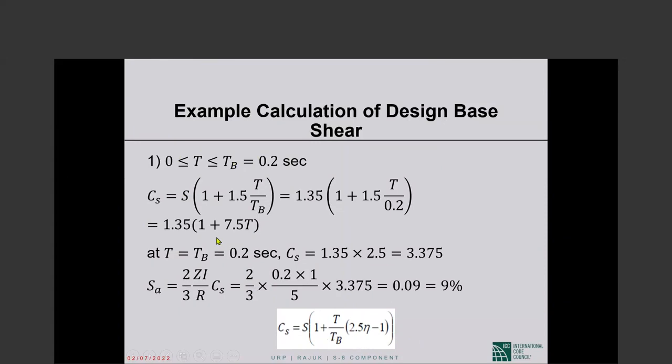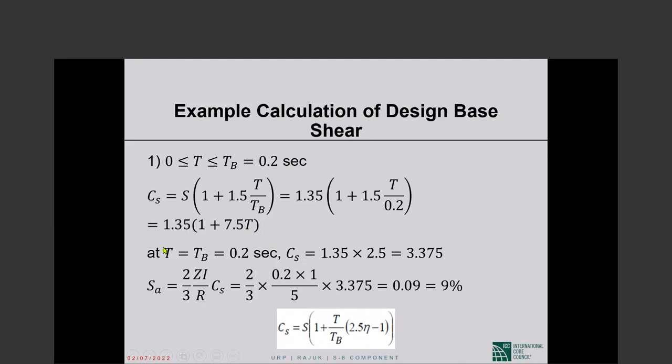So 2.5 eta minus 1 would be 1.5, and then T over T sub B. S is 1.35, and the remainder has been left as is, so that is 1.35 times 1 plus 1.5 divided by 0.2, which is 7.5 per second.